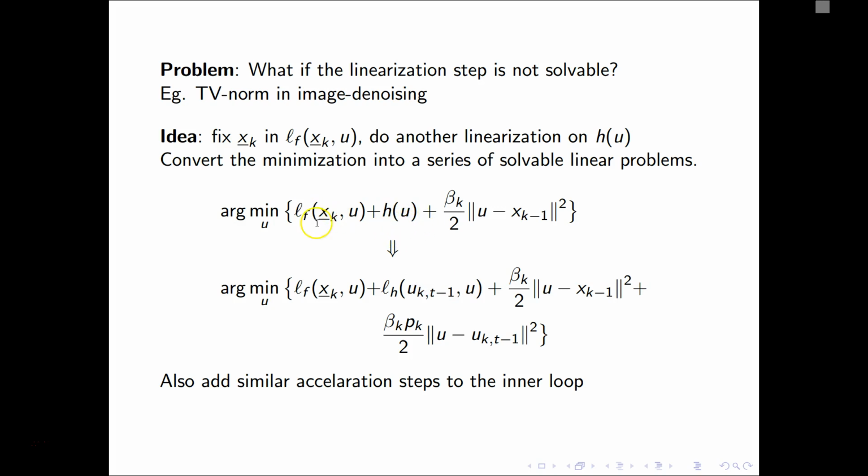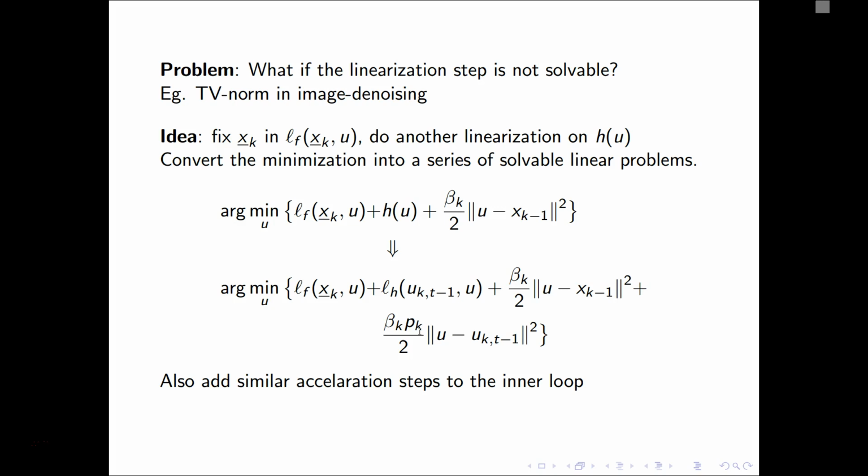The f term and the xk minus 1 stay the same, but we convert h into a linearization and add the corresponding proximal term here. We use pk to denote the extra regularization you have to add because of this h.